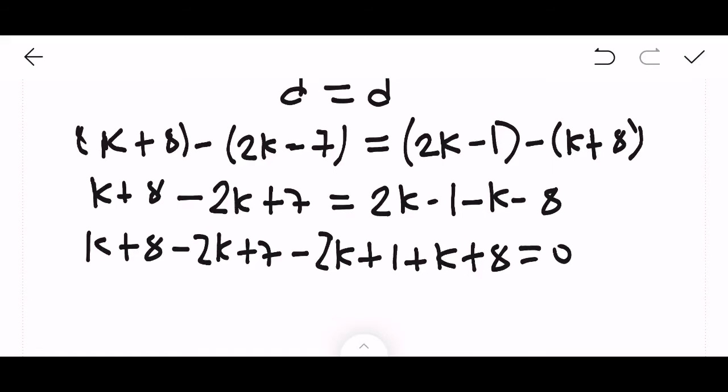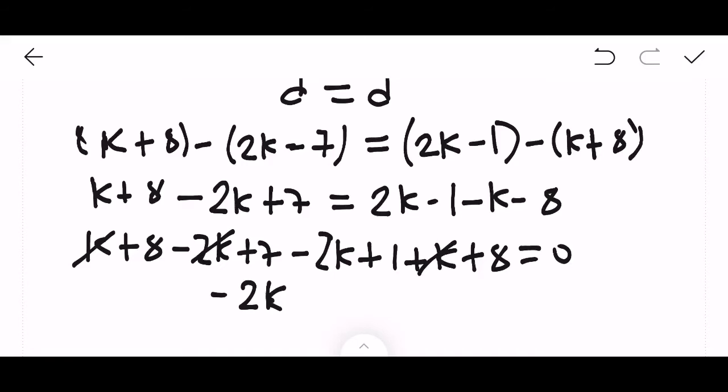So this k will cancel with this one, and therefore cancel with the minus 2k, and we'll be left with minus 2k and now we have 8 plus 8 plus 7 plus 1.